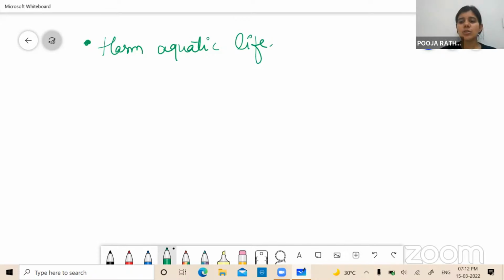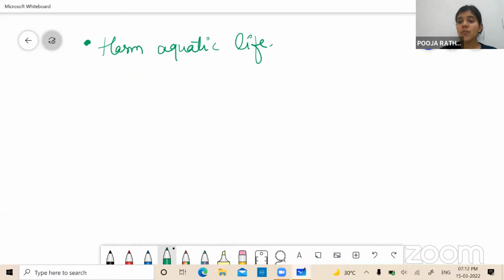Yes, polluted water is not suitable for their life, but my question is how. Ma'am, they drink chemicals and all. Yes, Pragya. They drink chemicals and come in contact with those harmful chemicals, and thus it is harmful for them.